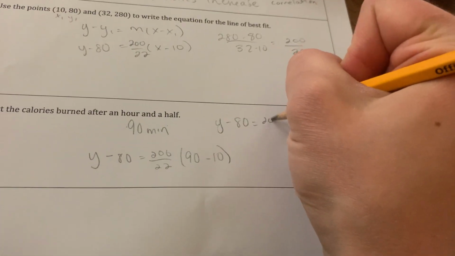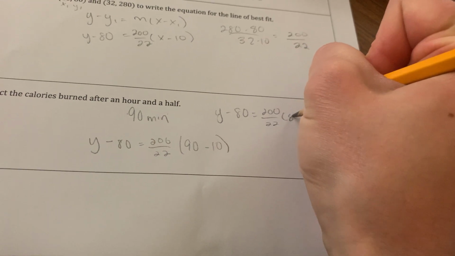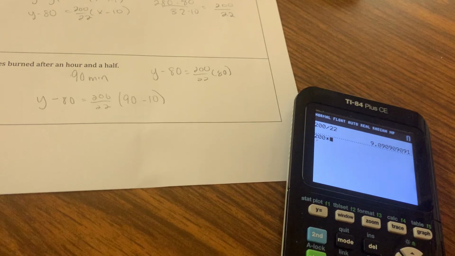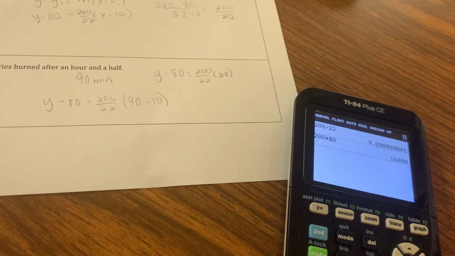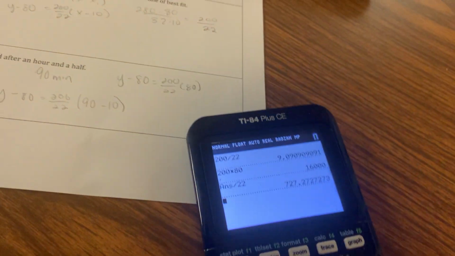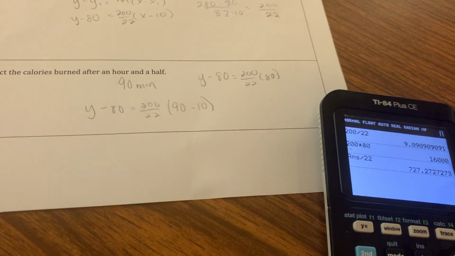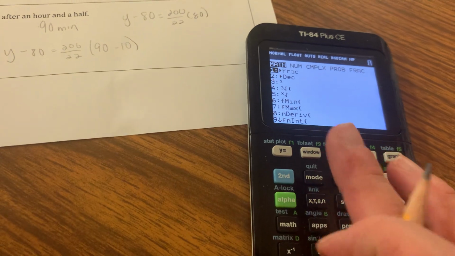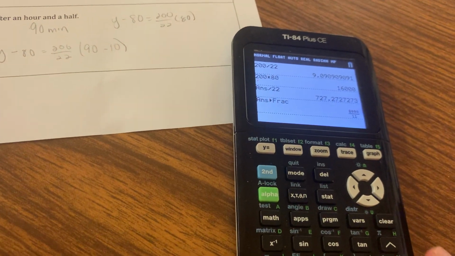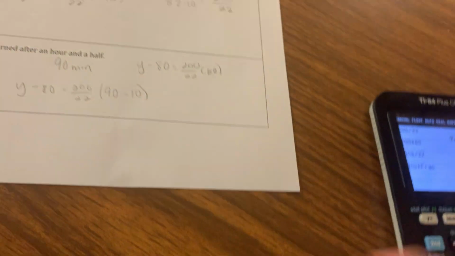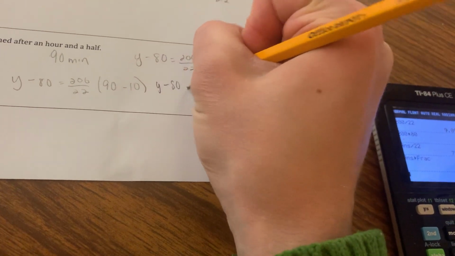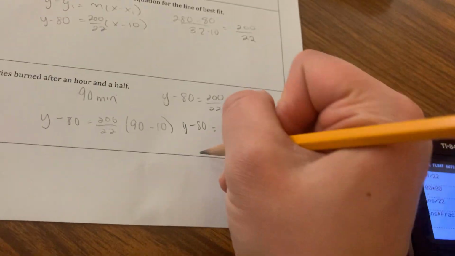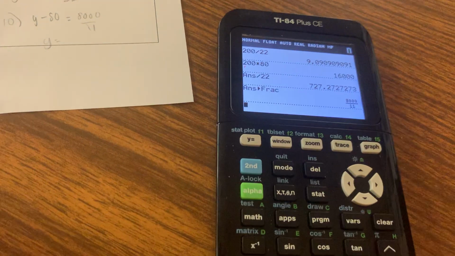So 200 over 22 times 80 is going to be 200 times 80 divided by 22. Okay. Then I'm going to hit math. I have the fraction buttons highlighted. So it's going to be 8,000 over 11. Get used to uncomfortable numbers. Okay, then we're going to add 80 to both sides.